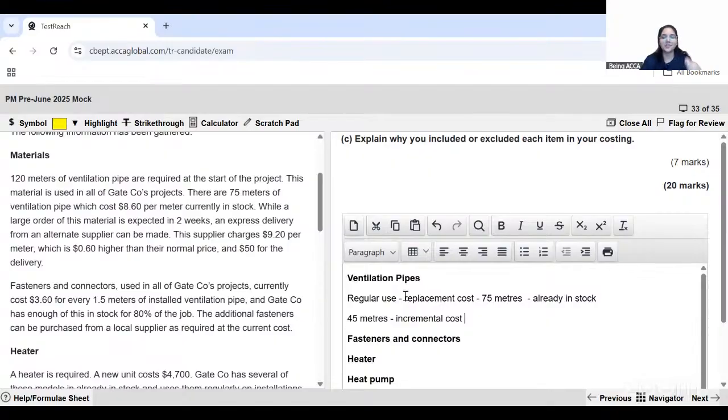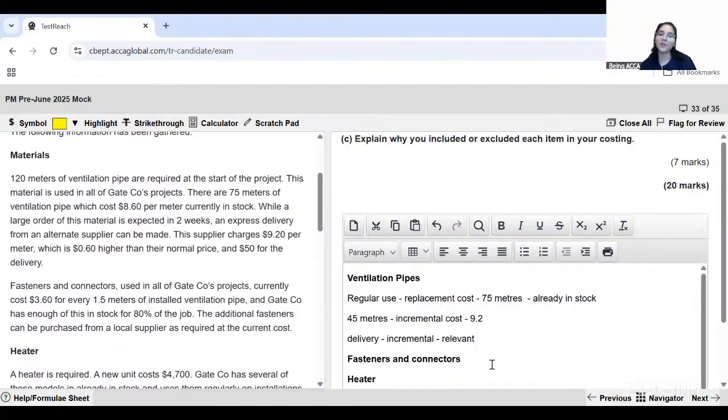So this extra that we have spent, 9.2 will be considered relevant. And if you talk about the delivery, that delivery is also specifically for this project, incremental because of this project. Hence, it is considered to be relevant in our calculations. That's the reason that we have included the $50 of delivery charges.